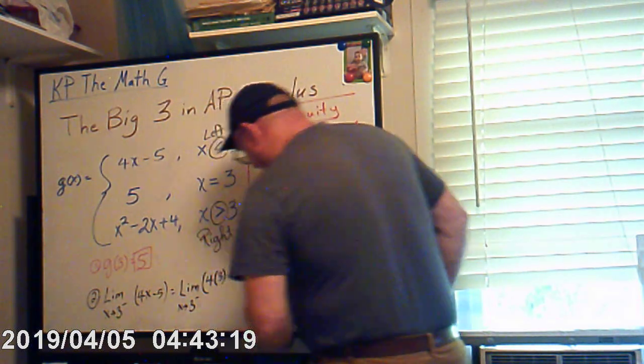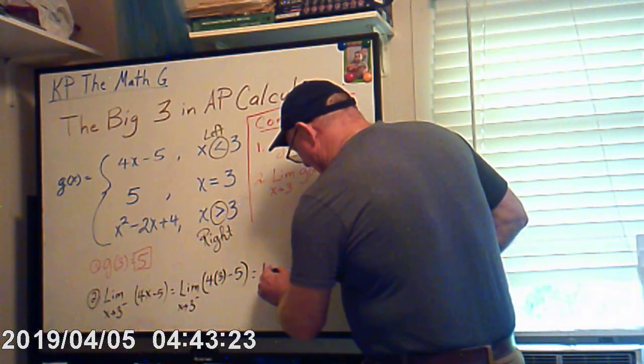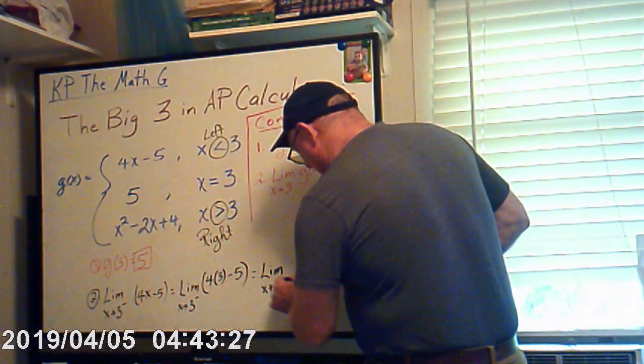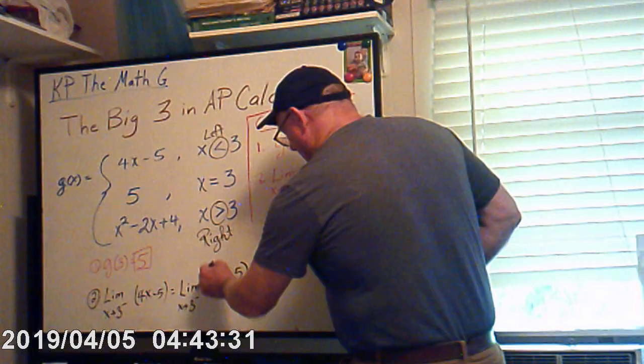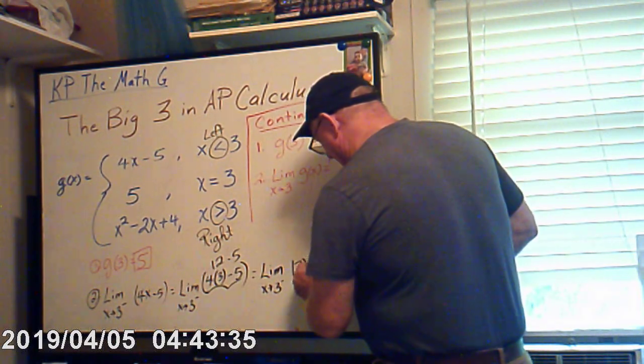It's looking kind of bleak, isn't it? Because isn't this the limit as x approaches 3 from the left? This is 12 minus 5, which is 7, and that limit's equal to 7.